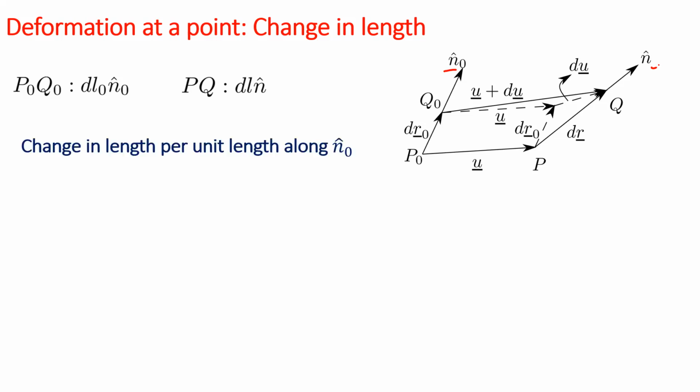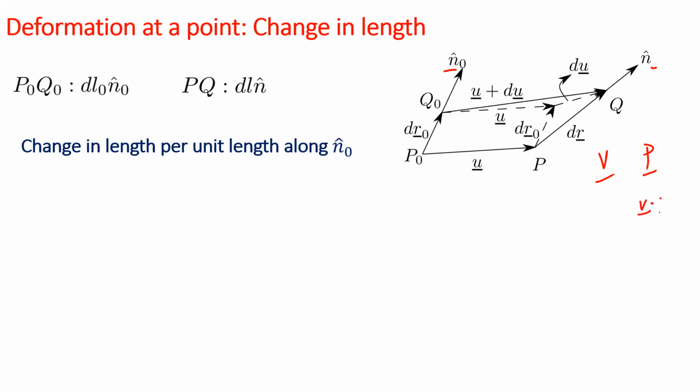So how do we define the strain? Since the original direction is N0, I will try to identify the change in length per unit length along N0. If I have two vectors, vector P and vector V, how do I identify the component of vector V along vector P?